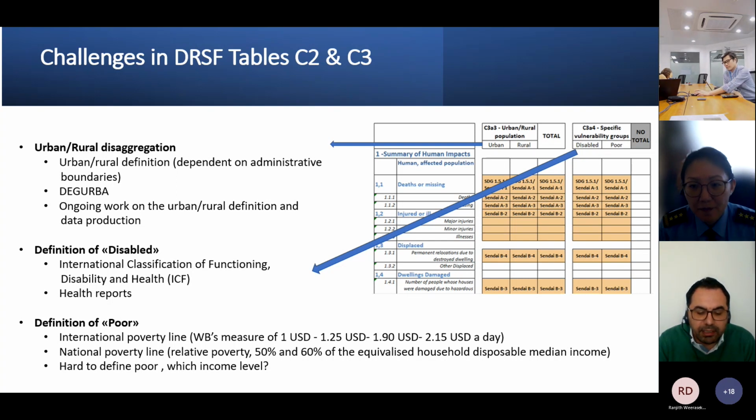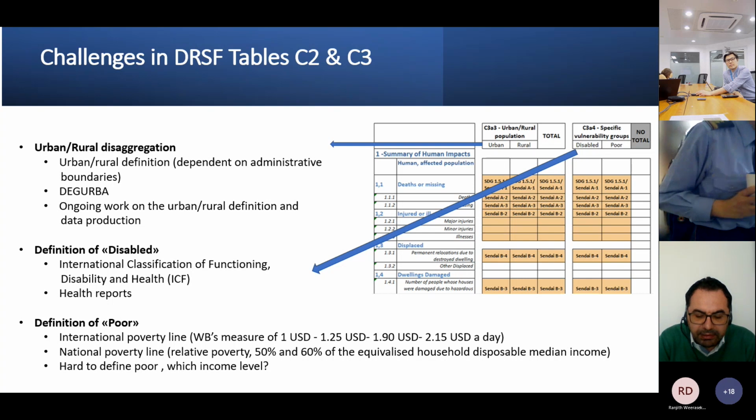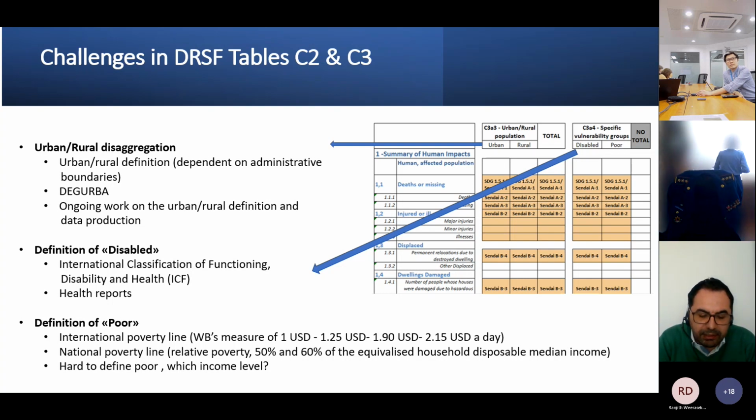So the disaggregated statistics on the poor are, I think, a bit hard to determine, since it is unclear by whom the income level will be used. Remember, there are various institutions recording these disaster-related data in the IDES system, and how they evaluate this situation can be rather complex.